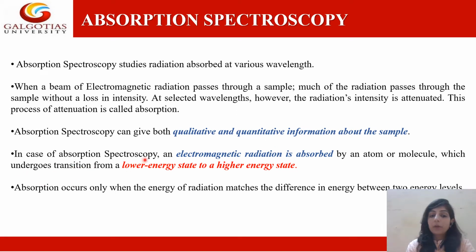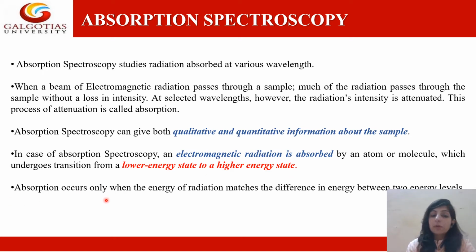In absorption spectroscopy, electromagnetic radiation is absorbed by an atom or molecule which undergoes a transition from a lower energy state to a higher energy state. So upon absorption of electromagnetic radiation, molecules present in the lower energy state, that is the ground state, show a transition towards the high energy state, which is the excited state.